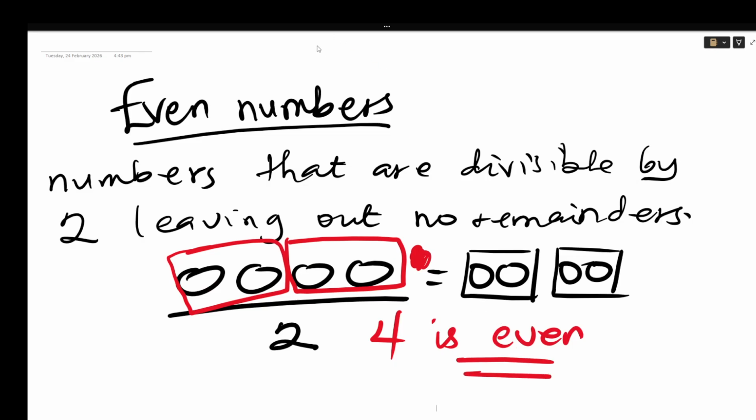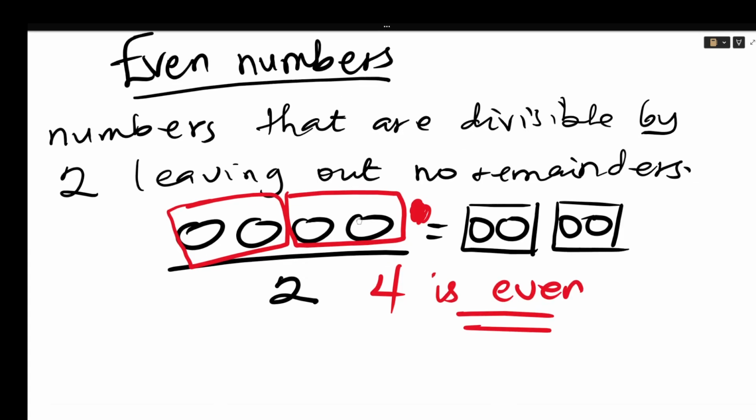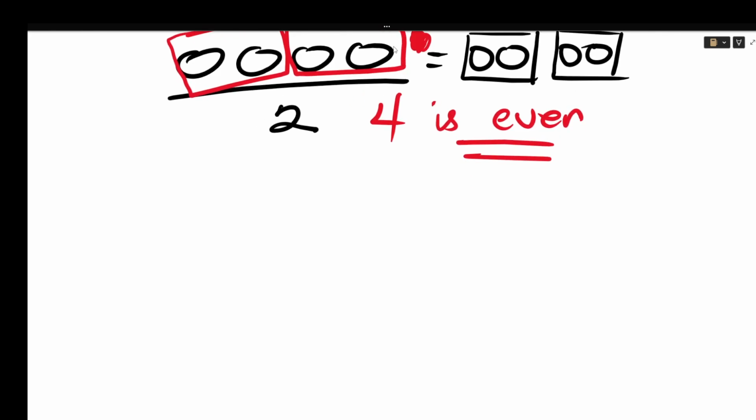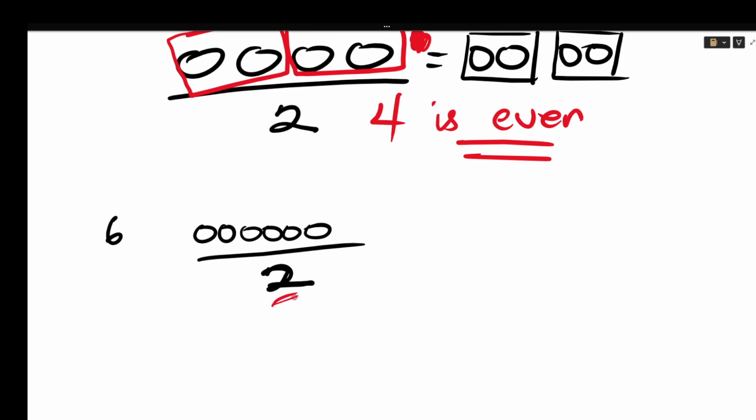You can try with others. Let's say we have 6. We group 1, 2, 3, 4, 5, 6 and divide by 2. Take note, to test if a number is even, always divide by 2.